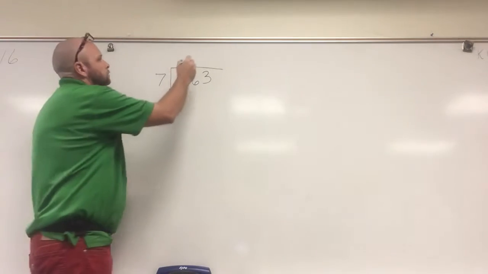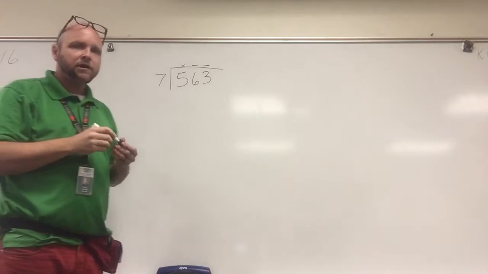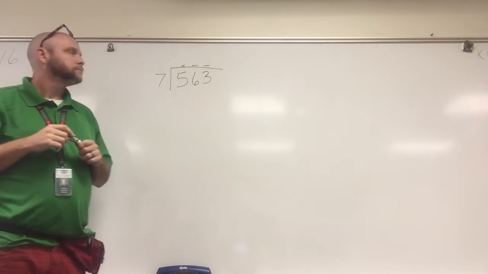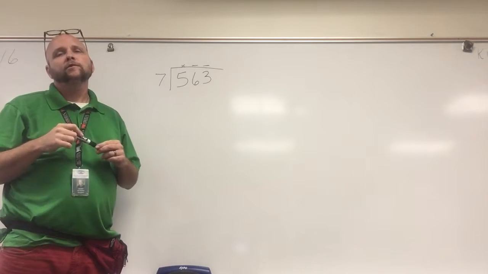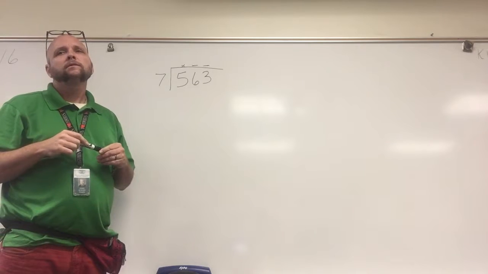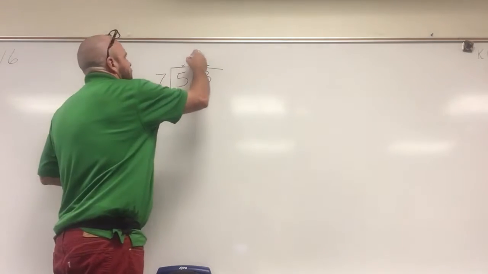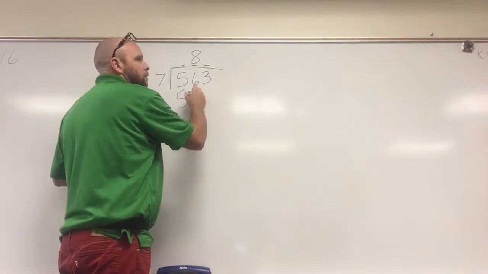So it has to be a 2-digit number. Yep, 2-digit answer, very good. How many times does 7 go into 56? Look at your multiplication chart. 8 times. And what is 8 times 7? 56.